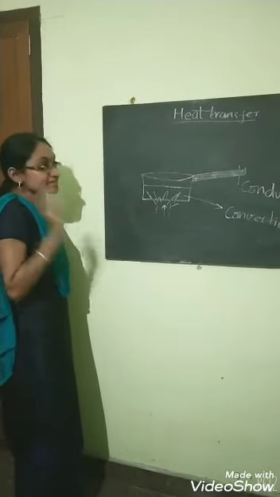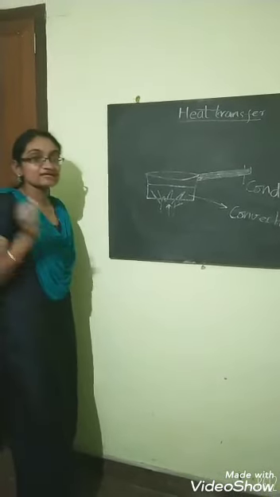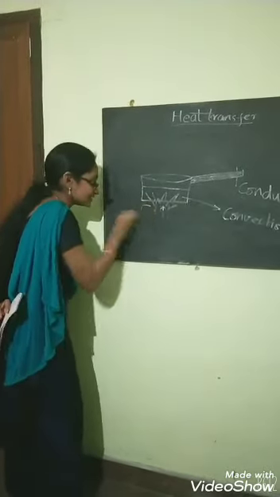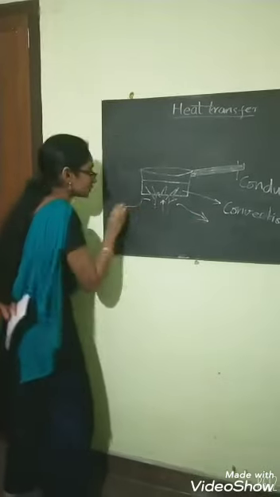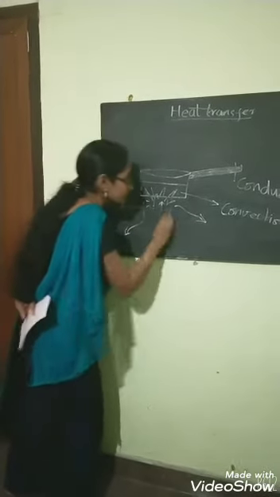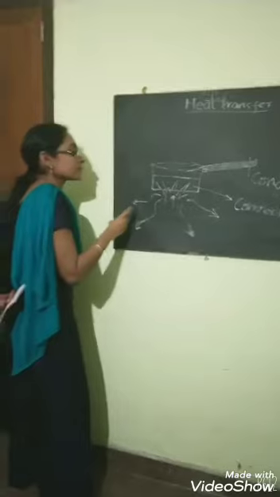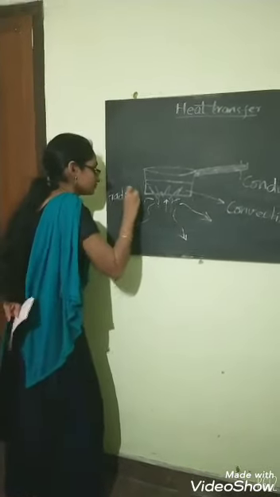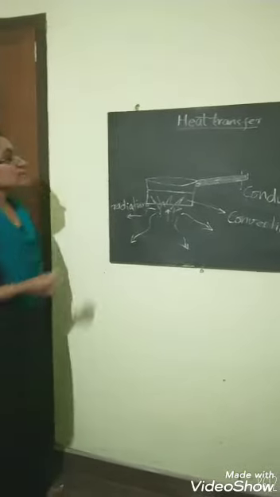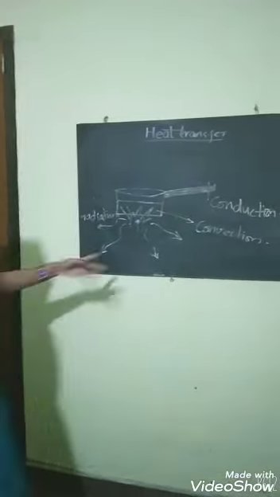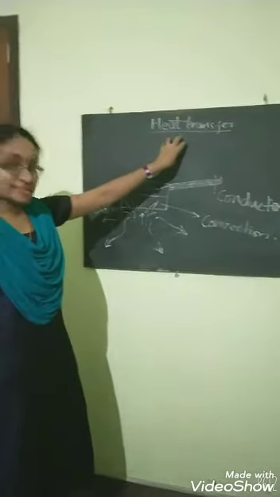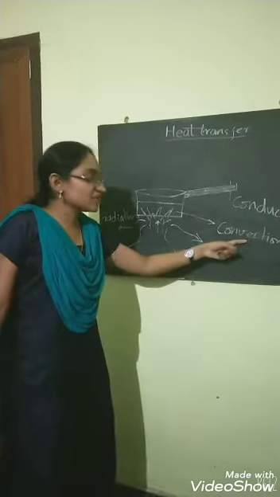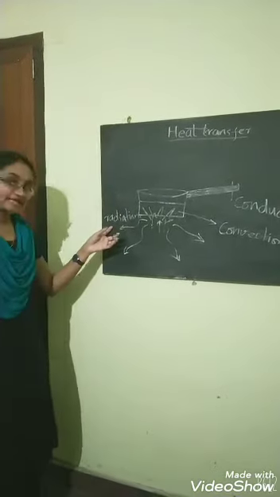So the third type of heat transfer is radiation. You are familiar with these radiations. So in this example, heat transfer takes place in three types. One is conduction, the second is convection, and the third is radiation.